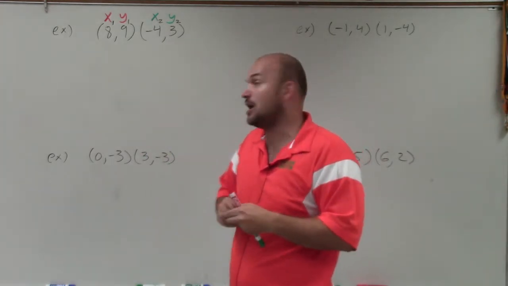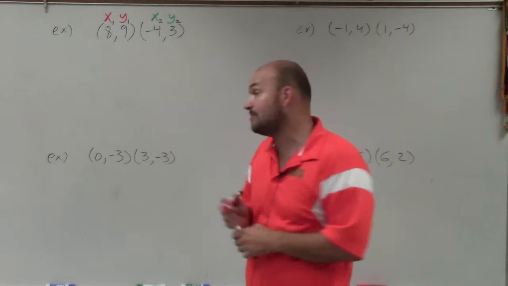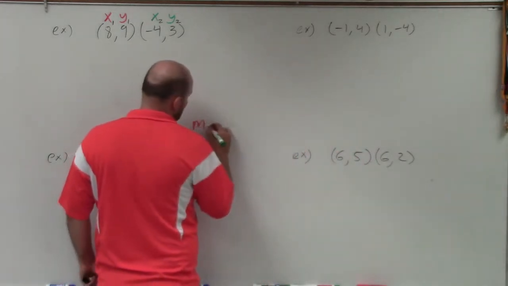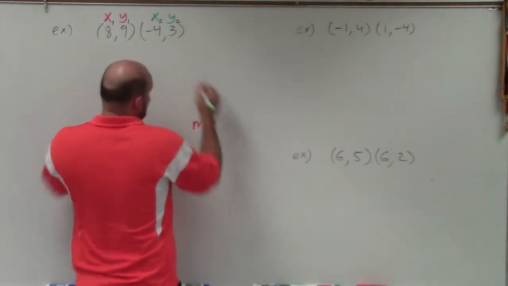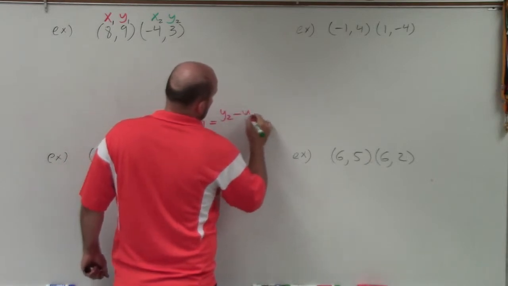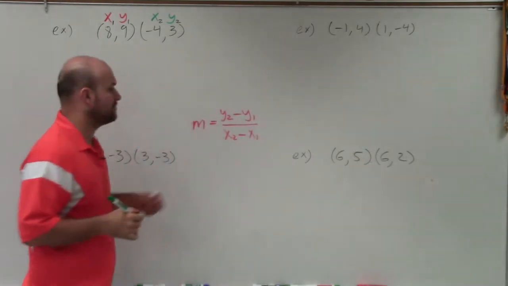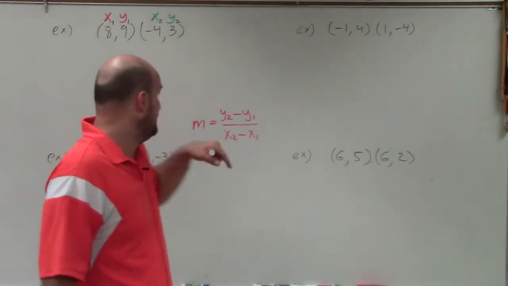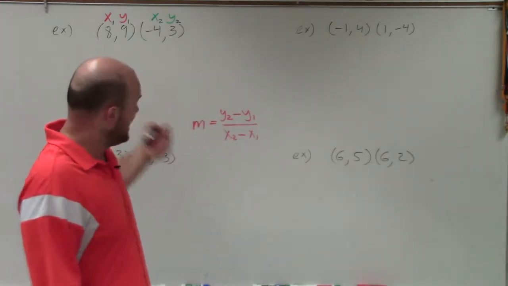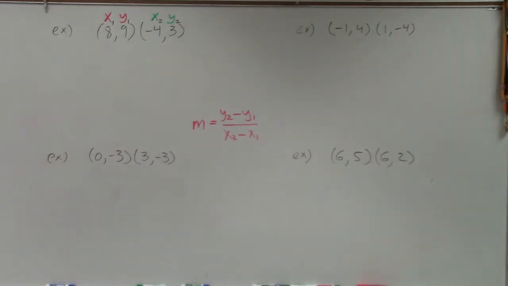So we can go through actually using the slope formula. And the slope formula, where m represents slope, is the change in the y-coordinates over the change in the x-coordinates. Now, you don't have to do y2 minus y1, x2 minus x1. You could do y1 minus y2 and x1 minus x2, as long as you are consistent.